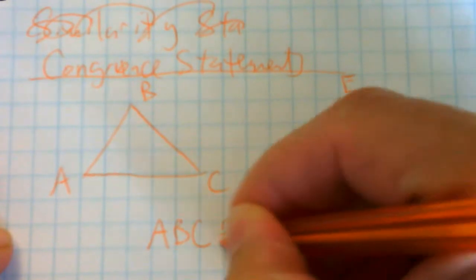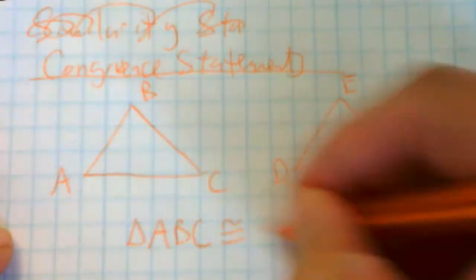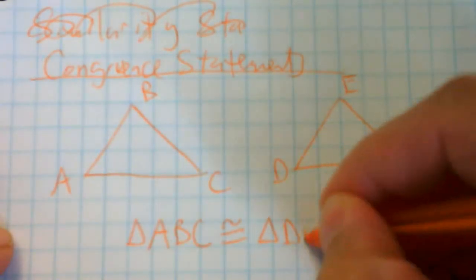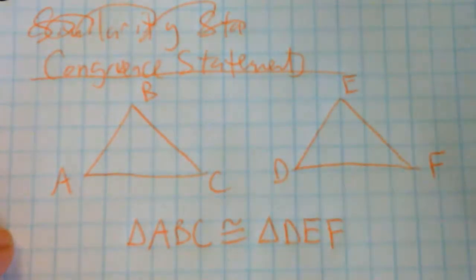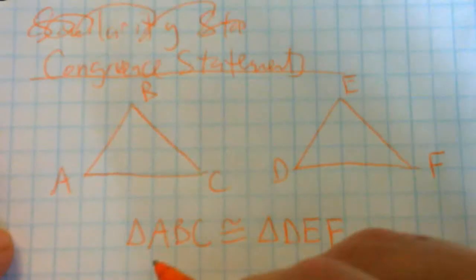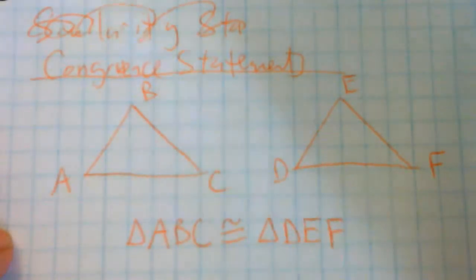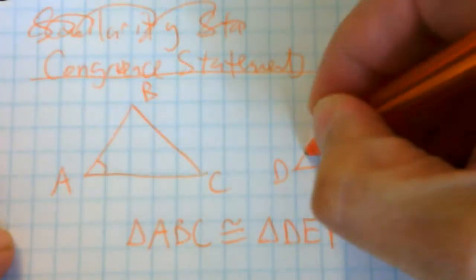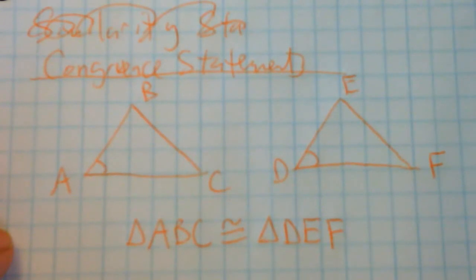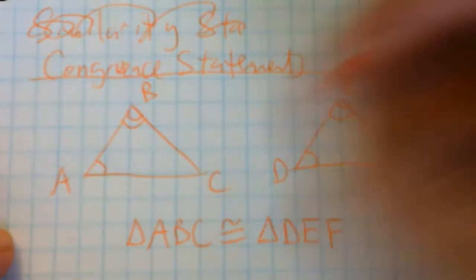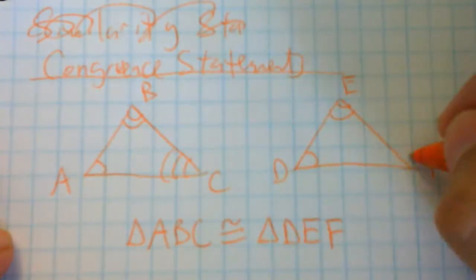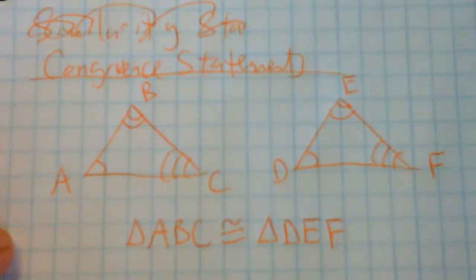ABC is congruent to DEF. So when it's written that way, the letters correspond with each other in the same order. So angle A and angle D have to be congruent. Angle B has to be congruent to angle E. And angle C has to be congruent to angle F.